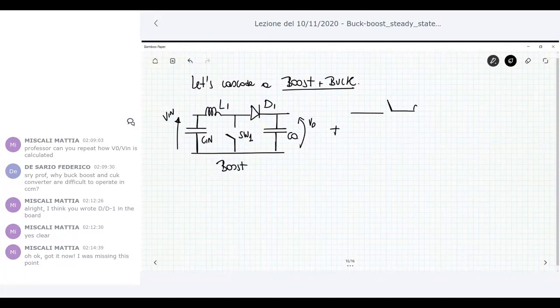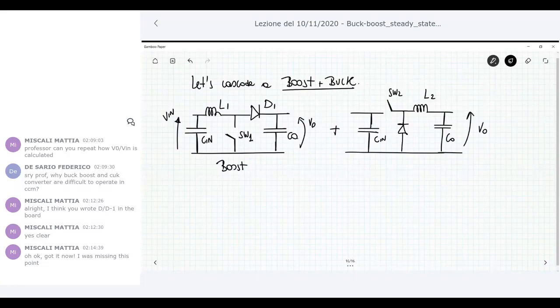Plus, at the output side we can connect the buck: L2, switch 2, Cin, Co, the same topology that we know. This is Vo. And this is the buck.